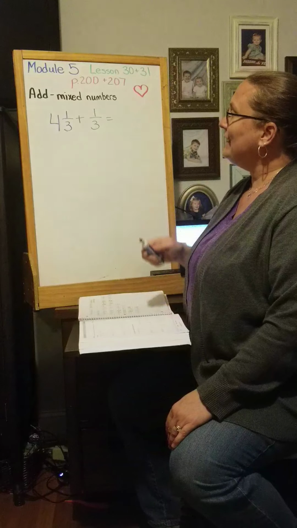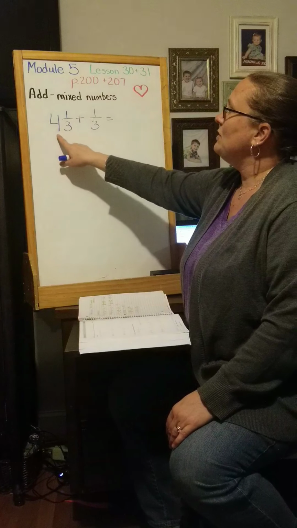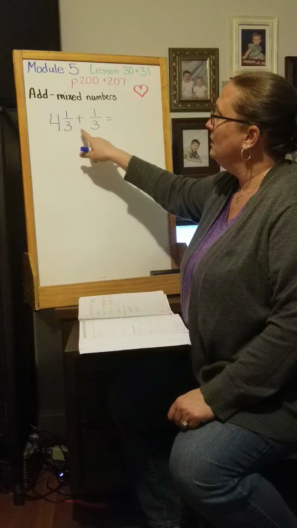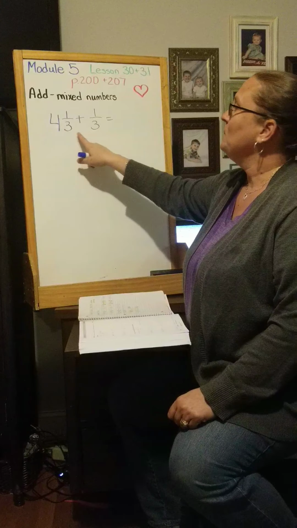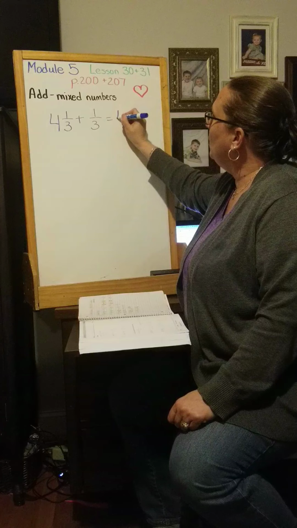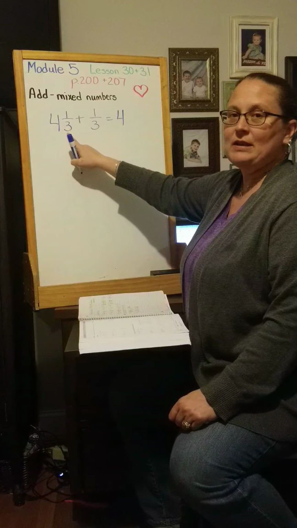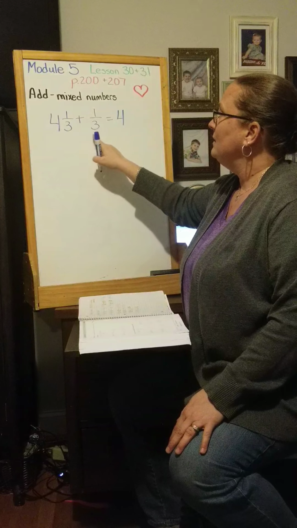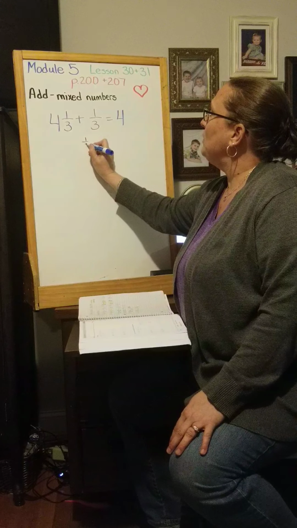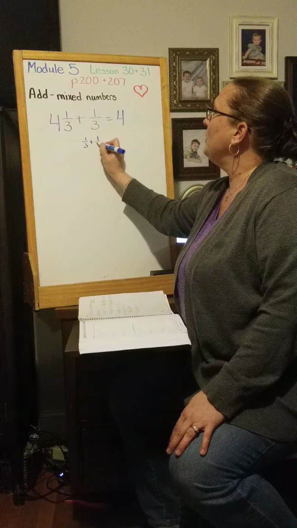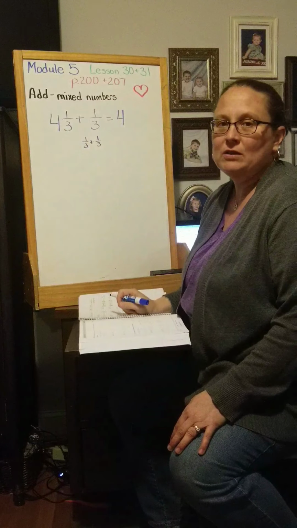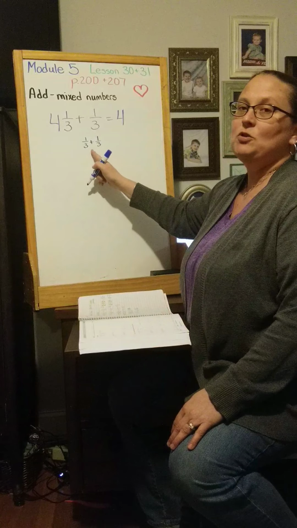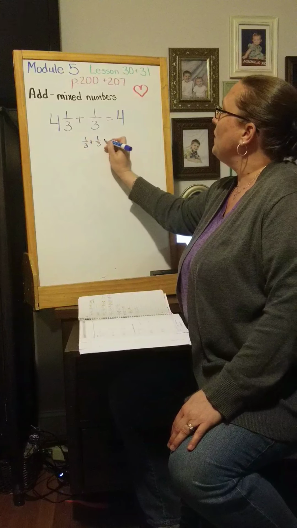When you're adding like this, all you have to do is add your whole numbers together. So we have 4, and then we don't have any, right? So this would be 4 wholes, and then you just add your fractions. Now, if it helps you to write it down here and write it separate, 1/3 plus 1/3, away from your whole number, then do that, okay? It's not something you have to do, but if it helps you, then do it. 1/3 plus 1/3.